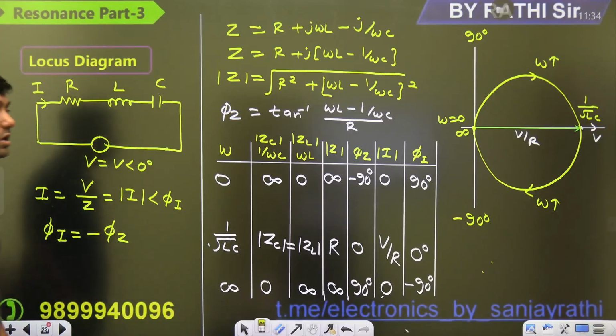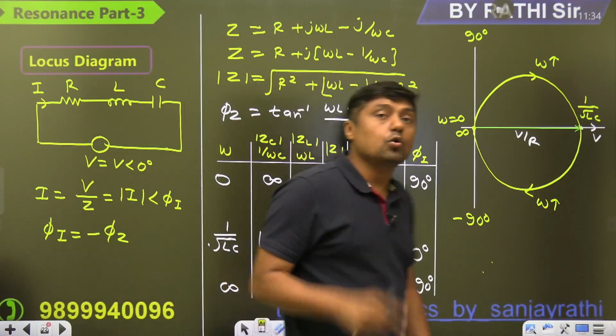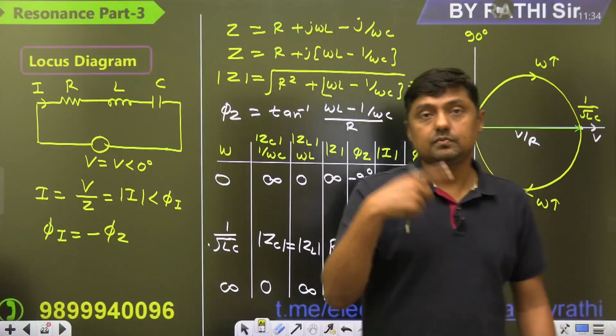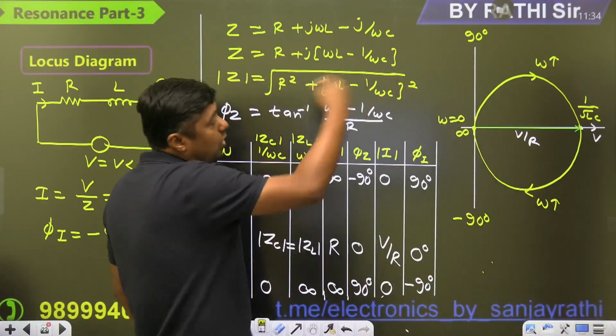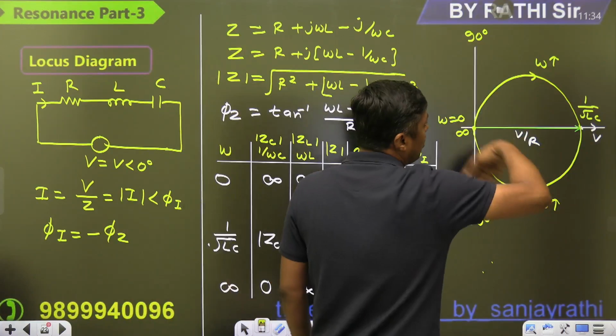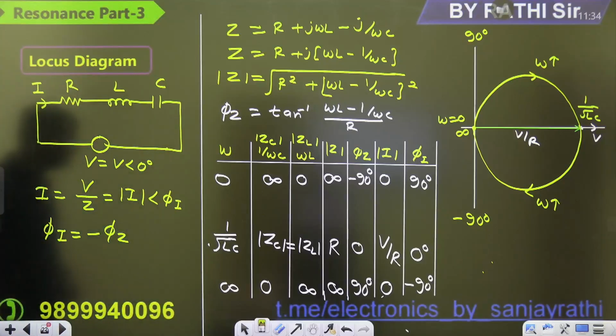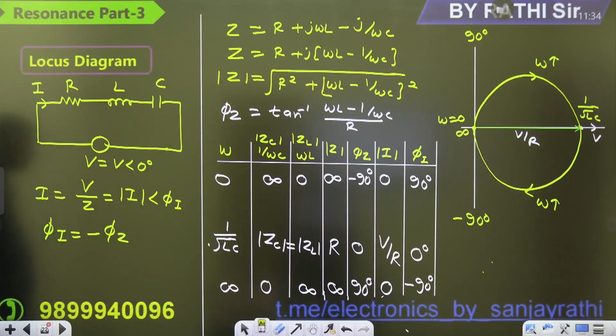This is the locus diagram for current. It is also the locus diagram for Y, admittance, circle. And what is this? In a clockwise direction. Circle is in clockwise direction, guys. So it will vary from 0 to plus 90 to 0, then 0 to what? Minus 90.